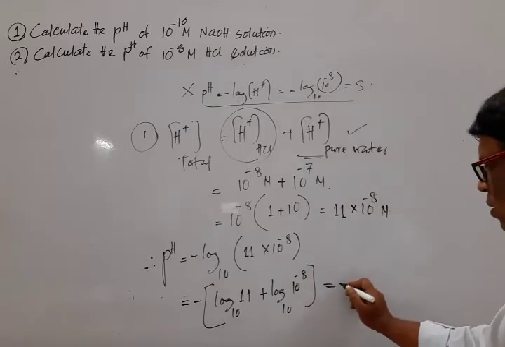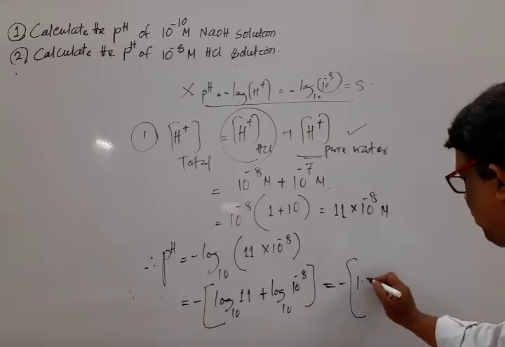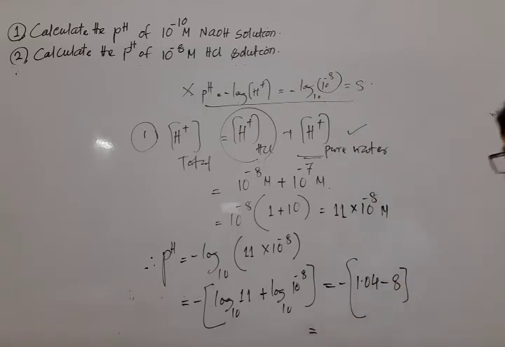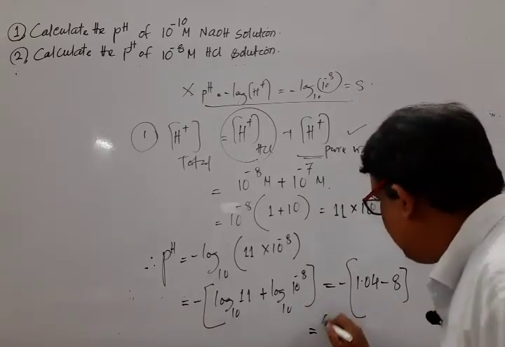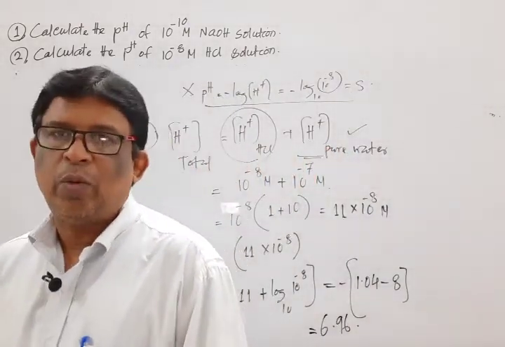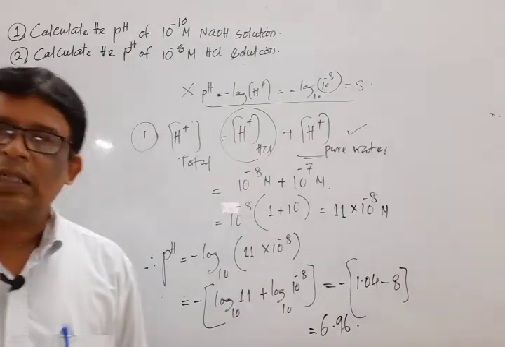The value of log 11, given in the question, is nearly equal to 1.04, minus 8. On solving, this value is nearly equal to 6.96. 7 is neutral, so below 7 means slightly acidic.